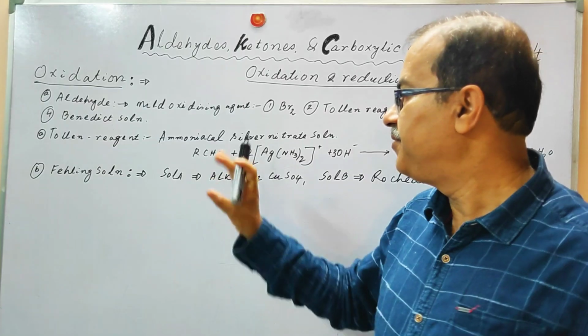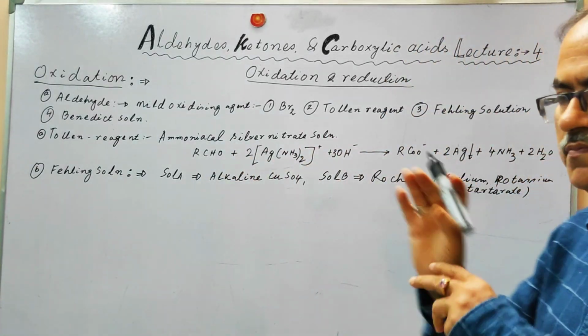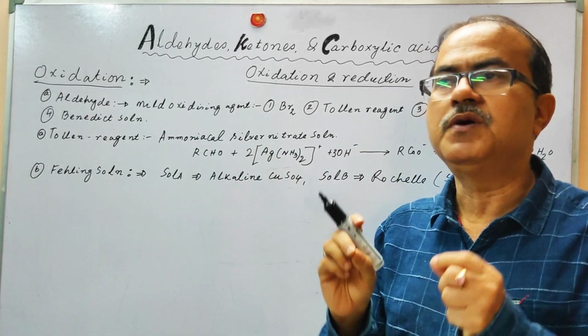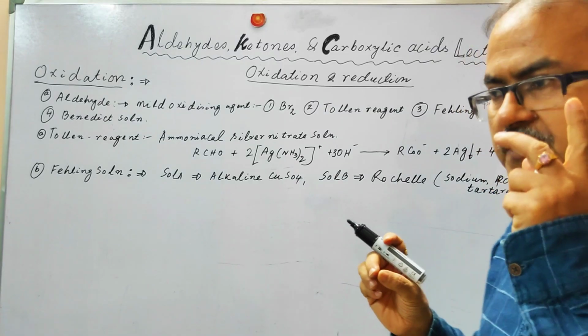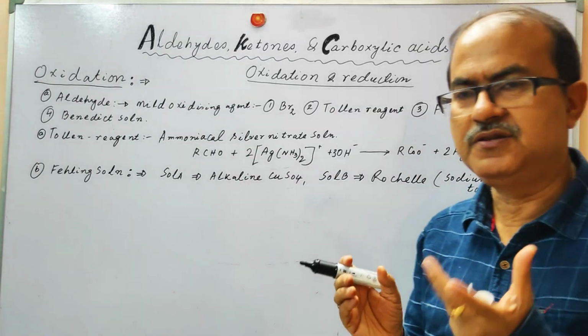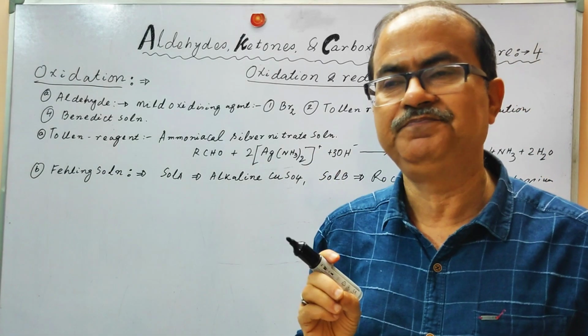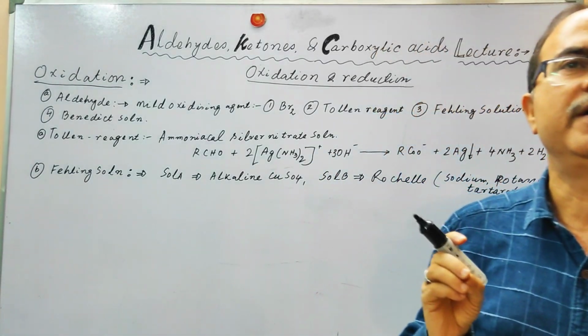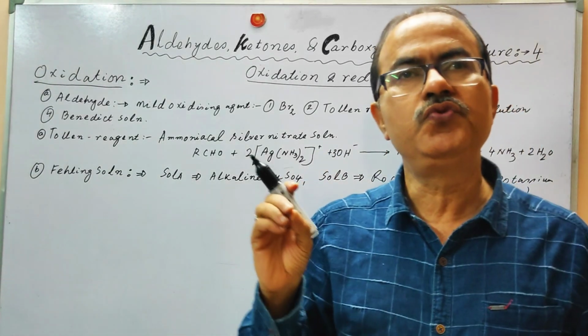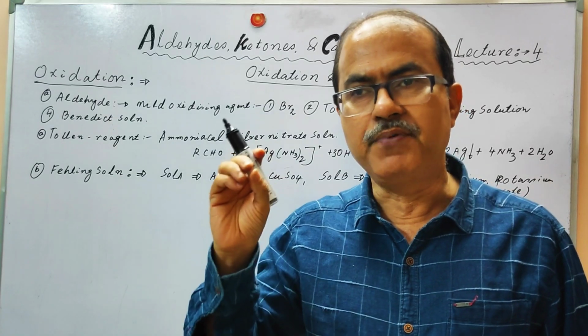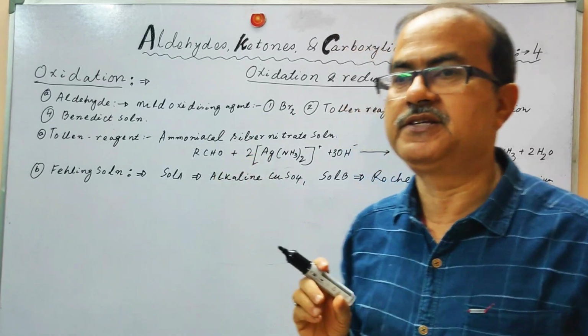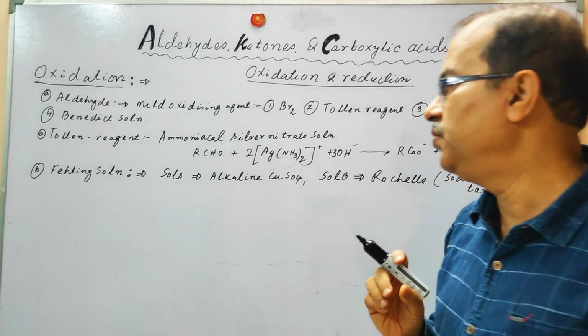When we mix 50% of this and 50% of this, and it is heated, not boiled, just heated, you find a very characteristic thing: there is a red brown precipitate of Cu2O that we will observe.